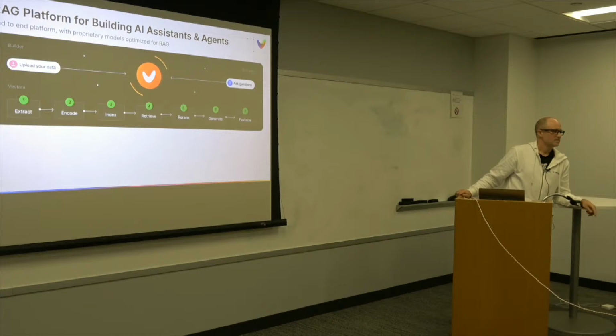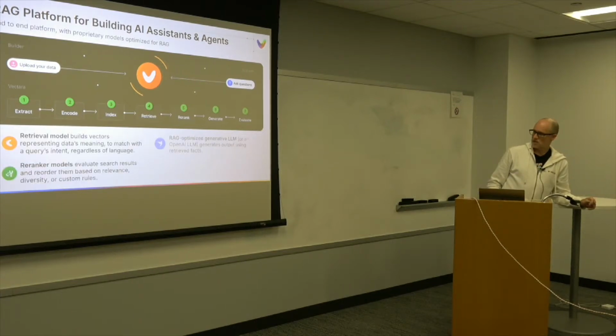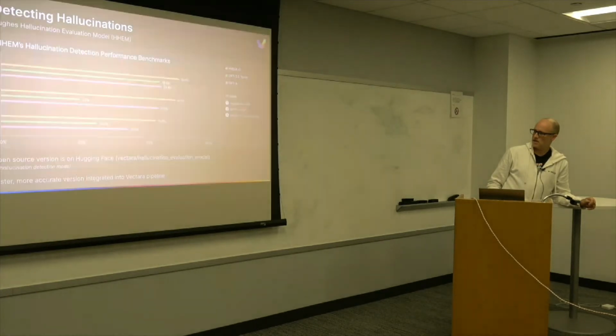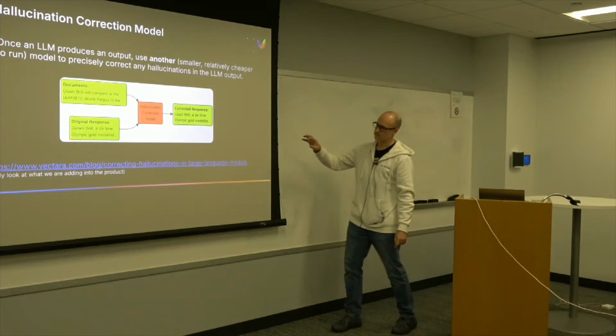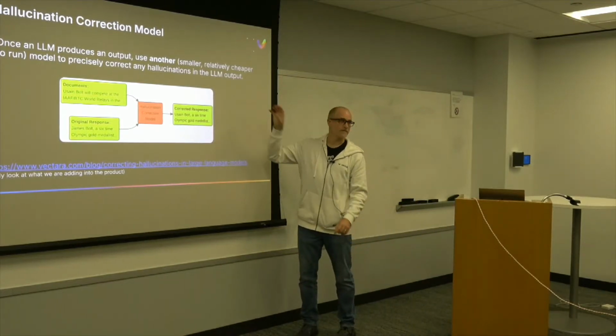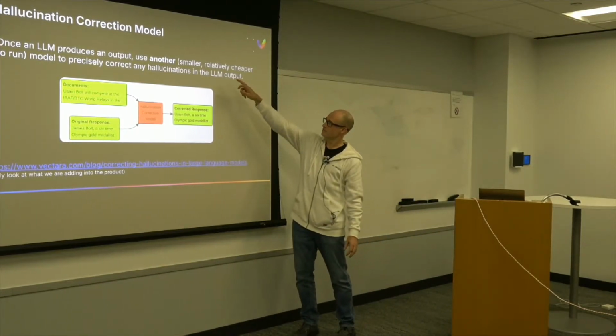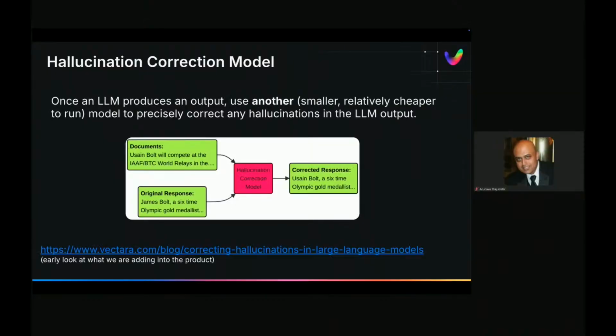When you were correcting, the quick correction you had there, are you doing the evaluation, getting a score that's low, then rerunning the LLM until you get that higher confidence number? No. It's a different model. Smaller, cheaper.